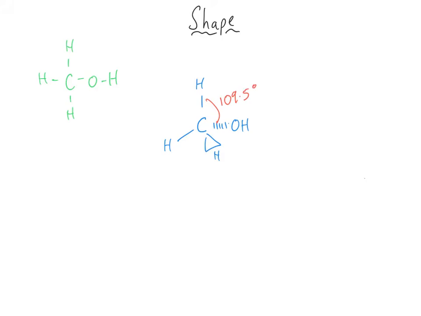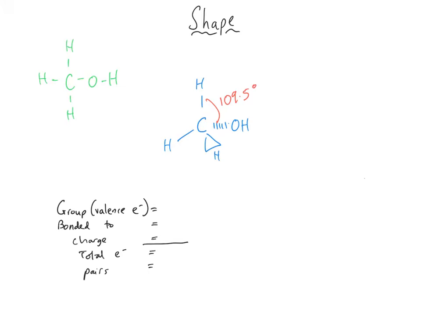What is even less accurate is the carbon-to-oxygen bond angle relative to the oxygen-hydrogen bond angle. The way we're representing it here, it looks like it's 180 degrees, and that is definitely not true. So if we consider this from the oxygen atom's point of view, oxygen is in group 6, meaning it's got 6 valence electrons. It's bonded to 2 other atoms, the carbon and the hydrogen. It doesn't have any charge at all, and so the total number of electrons will be 8.